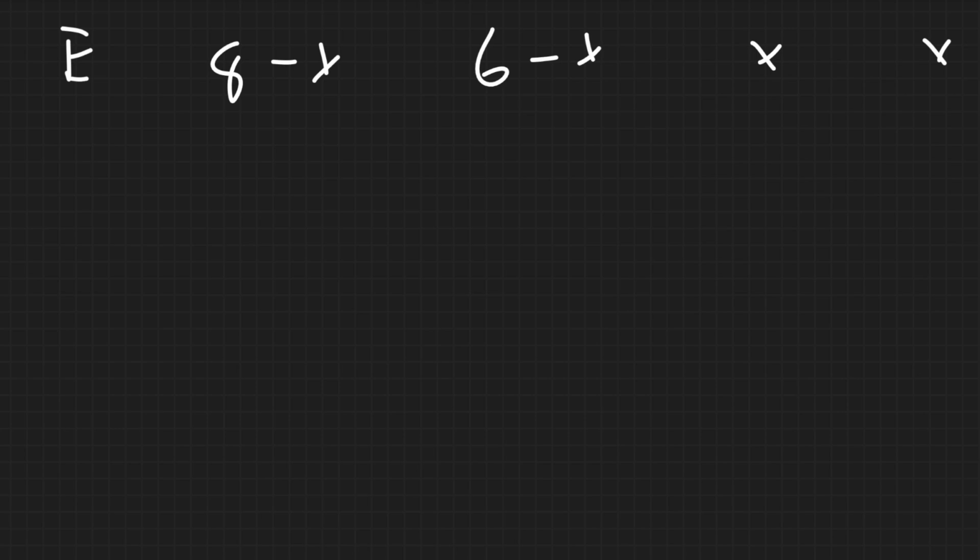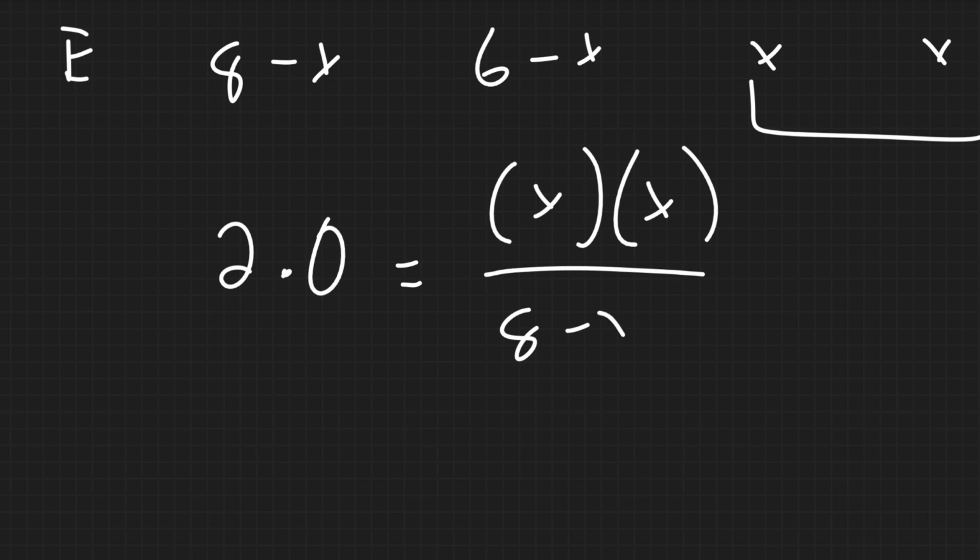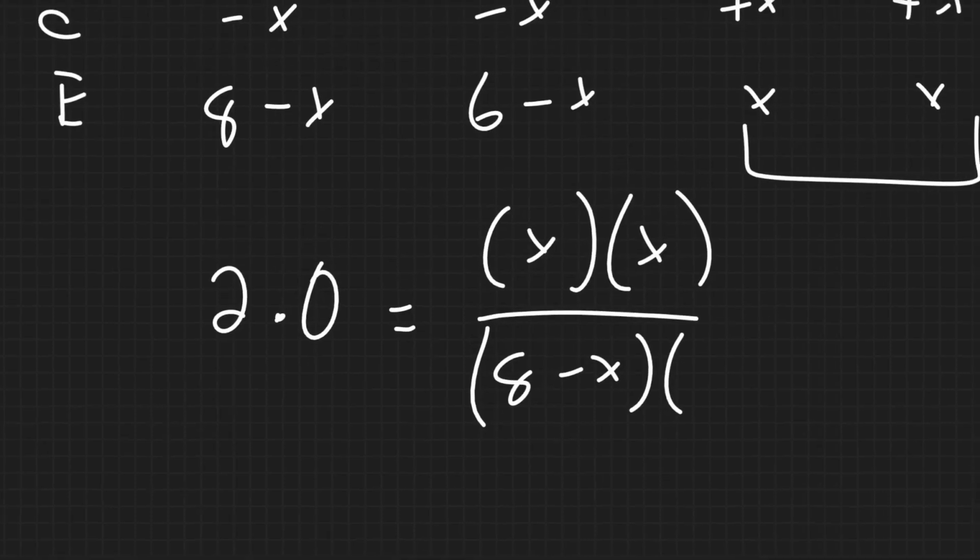Now all I need to do is write my equilibrium expression. K is equal to 2.0, and remember, we're going products over reactants. So here are my products, X times X, over 8 minus X times, sorry, 6 minus X, just like that.